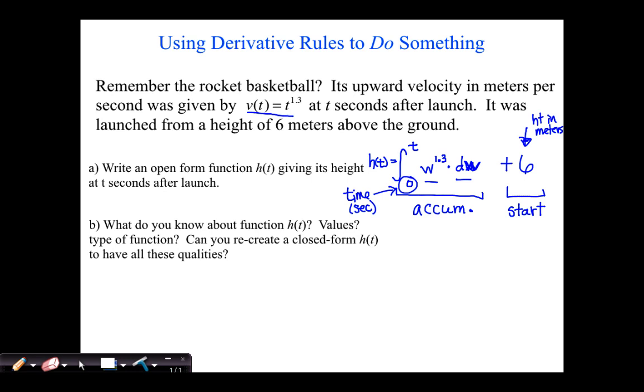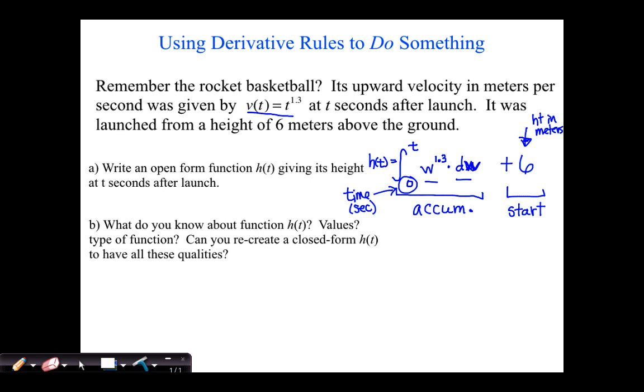All right, so let's see the second question here. What do you know about function h of t? Values of it, well, we figured out the value at time 0 was 6. Great. And it increases from there because we had this positive velocity.